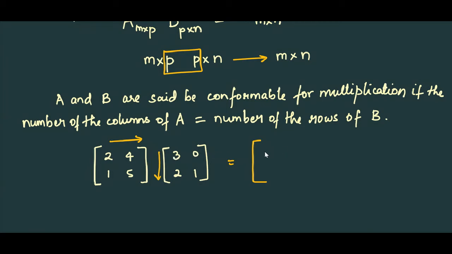So 2 into 3 plus 4 into 2. The first row, second column element of the product will be 2 into 0 plus 4 into 1. Then the second row, first column element, 1 into 3 plus 5 into 2.